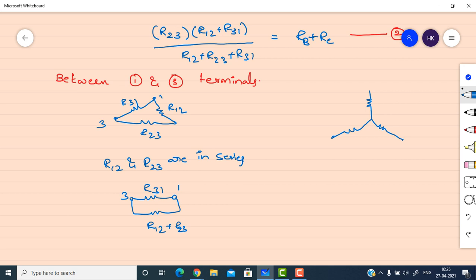In the star connection also, we have to consider only the 1 and 3 terminals. This is the 1 terminal and this is 3. So we are leaving the second one, RA, RB. Now we need to consider this terminal: RC.